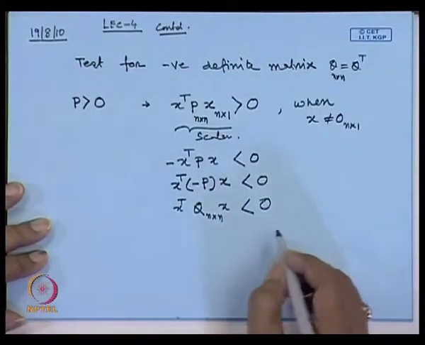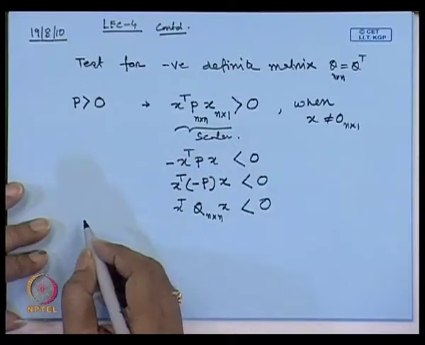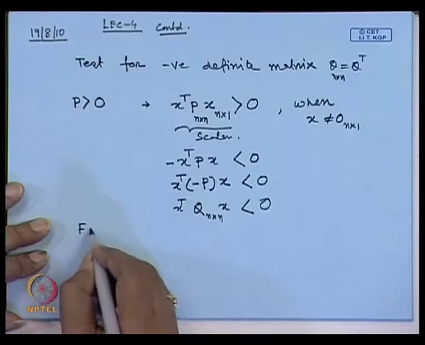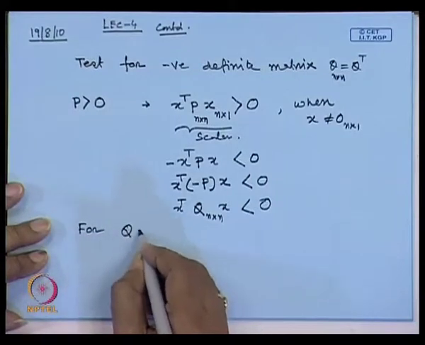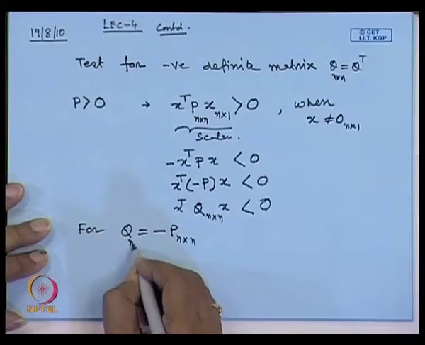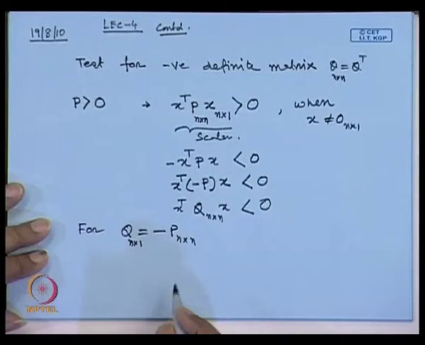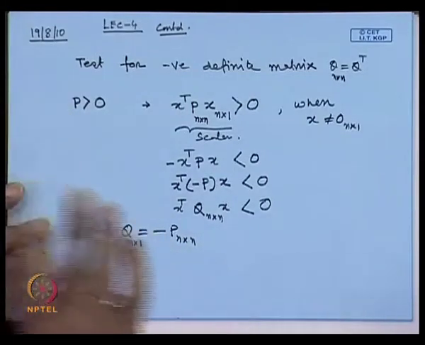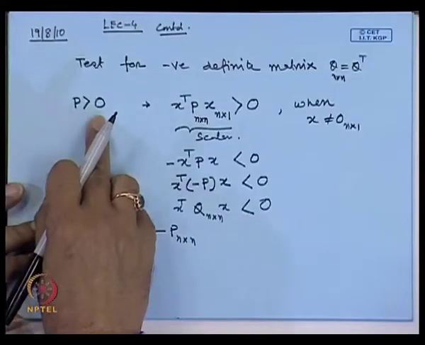If we proceed in the same manner as for the positive definite matrix, we will see what changes there are. For our case Q, which we considered as minus P, whose dimension is n cross n, I multiplied P by minus, that means all the elements of P are multiplied by minus 1. What we considered, P being positive definite, all the diagonal elements are positive.